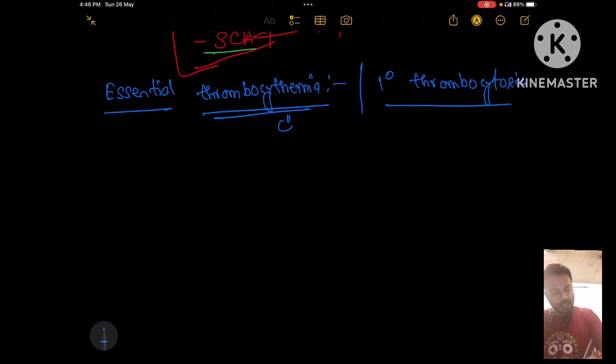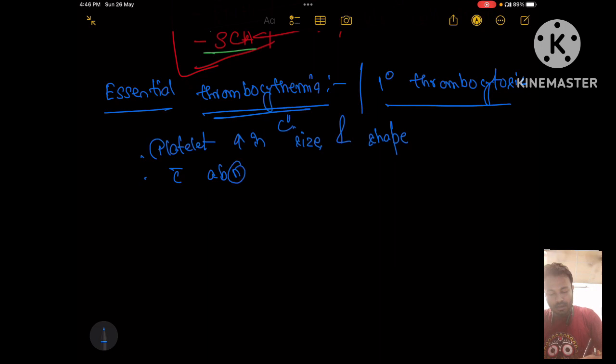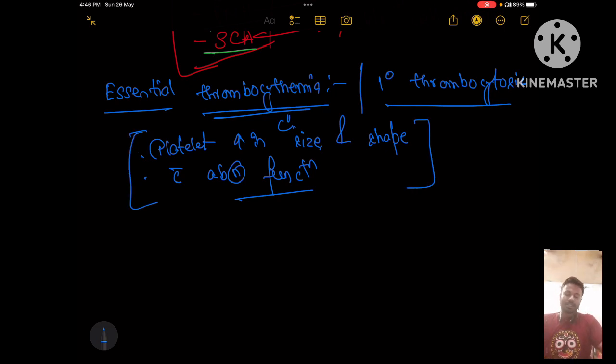Here we can see platelets increase in size and shape with abnormal function.